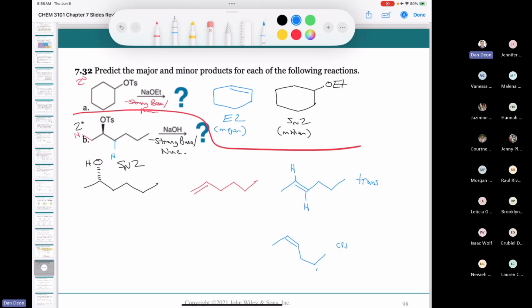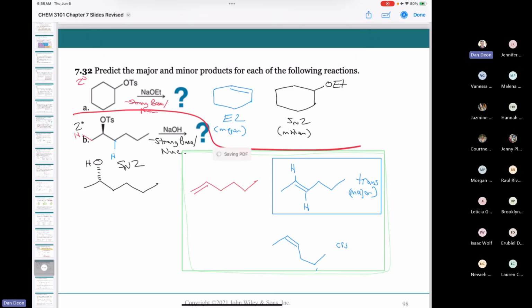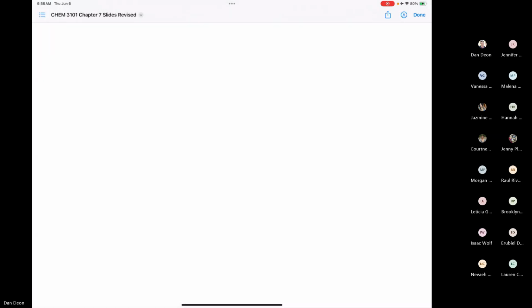The two compounds in blue are both disubstituted, but the one that's going to be the major product is the trans because it is less sterically hindered. So this will be the major product of the reaction. It's going to be the trans alkene. And then I have the other alkenes. These are all E2 products.